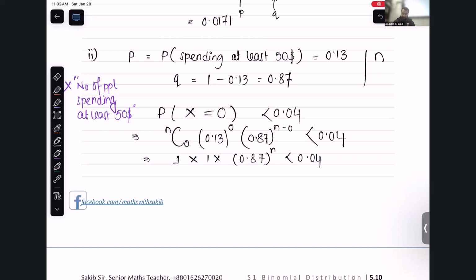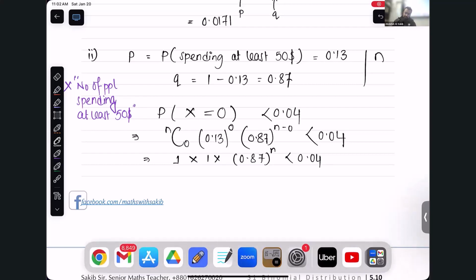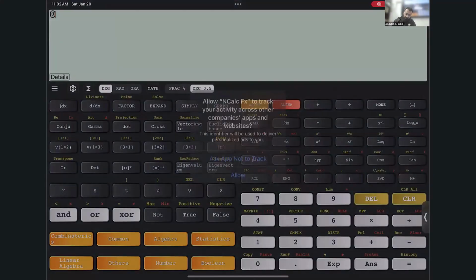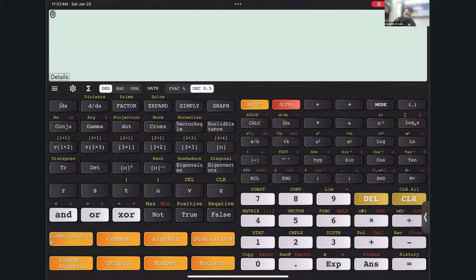So I'm writing 0.87 to the power X. Make a formula in your calculator. So 0.87 to the power X.